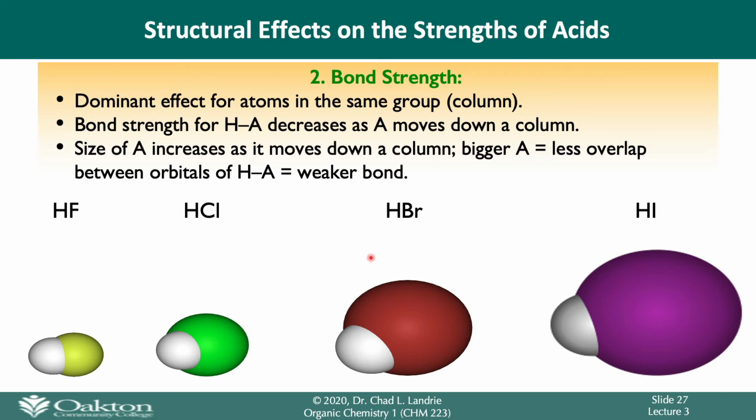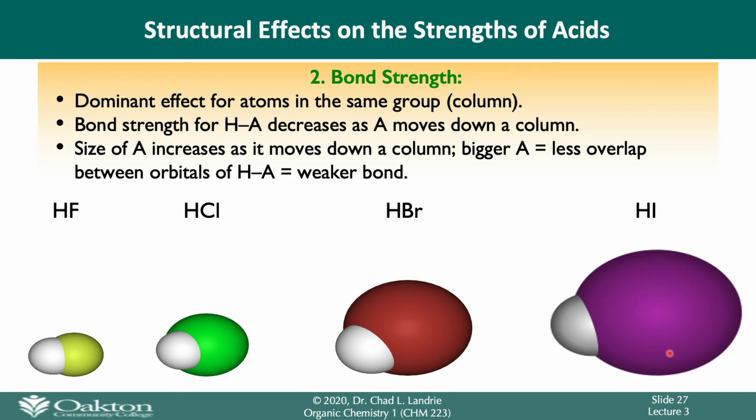So if I look at this series here, I'm looking at a space-filling model that also shows me the size of the orbitals that need to overlap to make a covalent bond. We know that as we move down the periodic table, atomic radius increases because we're getting more shells on top of other shells.